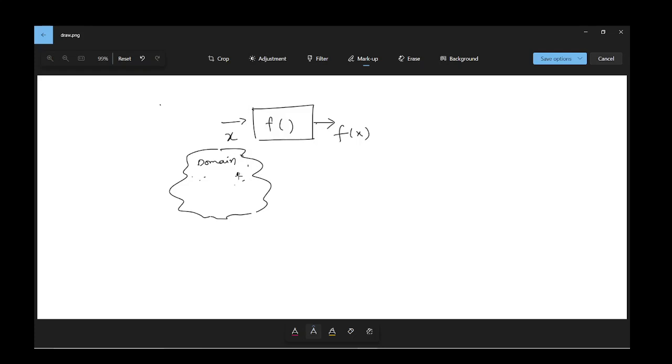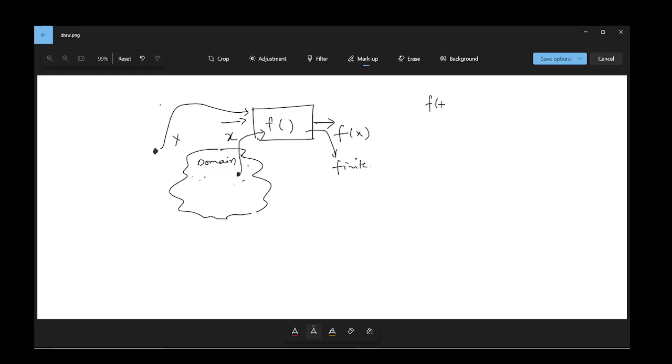So if you give a number from the domain to this function, it will be able to produce a finite output. For any number outside the domain, the function will say, no, I don't have a finite or defined value for this. So this will not come under the domain.